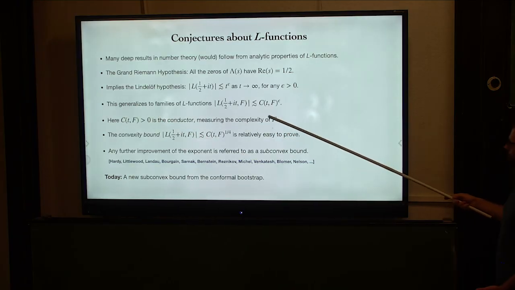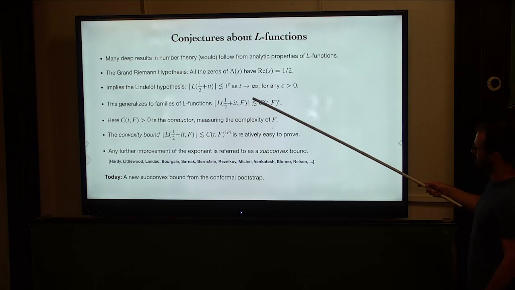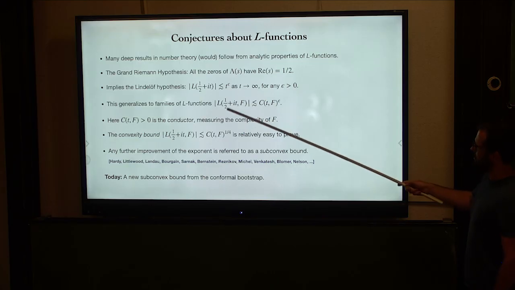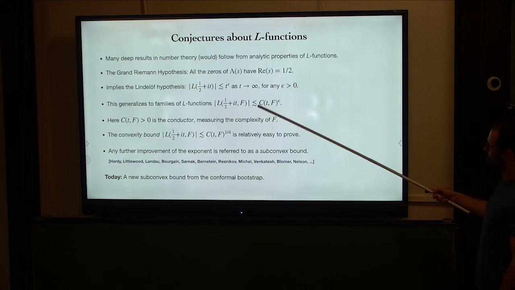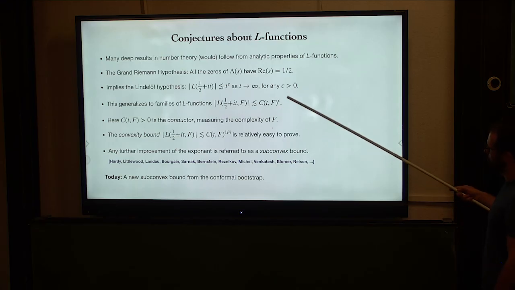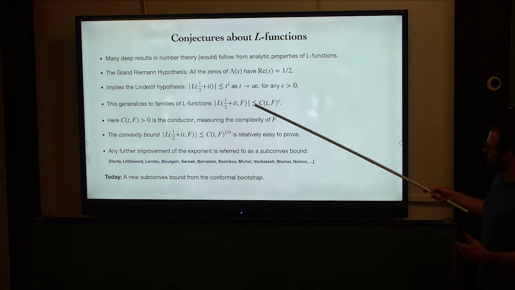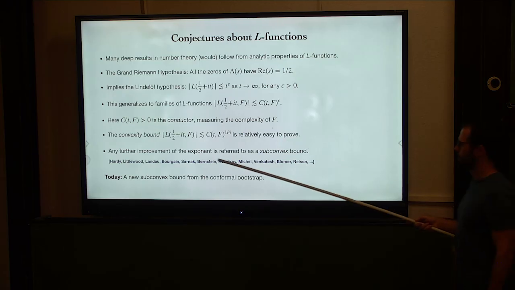So if we have some family of L functions labeled by some invariant f, then this value should be bounded, according to the Lindelof hypothesis, by an arbitrarily small positive power of a certain invariant C, which is called the conductor. So this is some kind of number which measures the complexity of the L function.